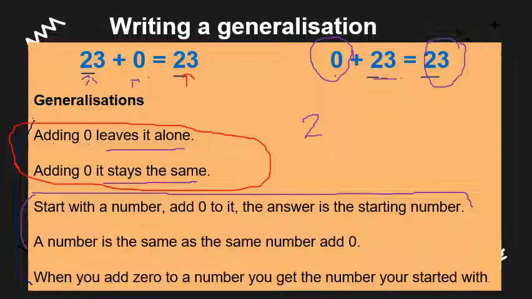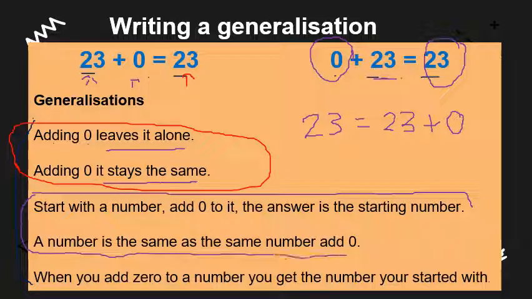Or you could even say 23 is equal to 23, add 0. That's another way you could represent that. So both of those are reasonable generalizations, using mathematical terminology, using that kind of mathematical thinking that's almost like a process.